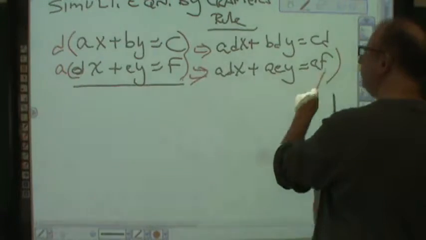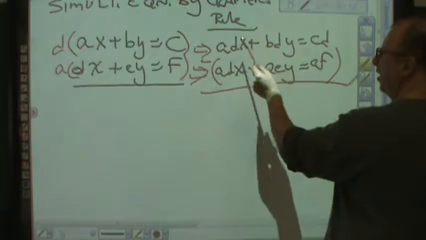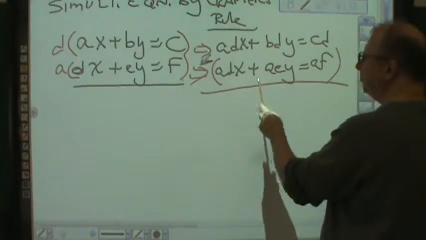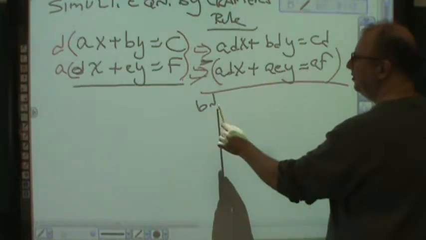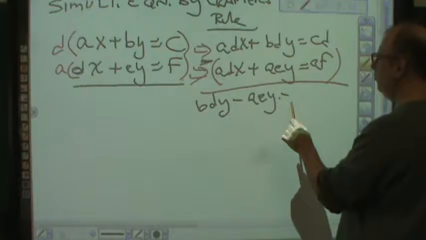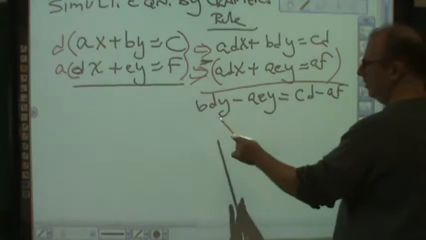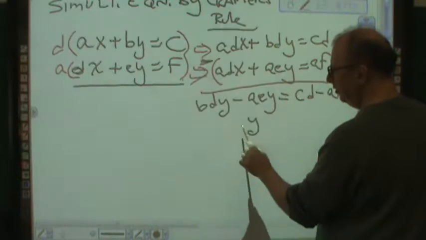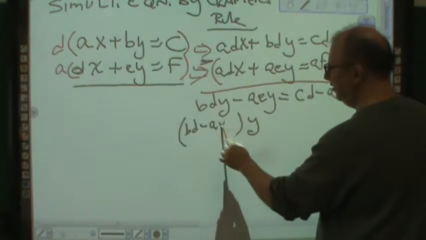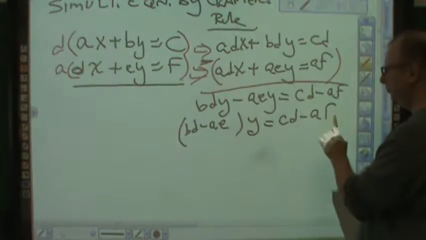Now if I turn it around and I subtract, let's look what I'm left with. adx minus adx is equal to 0. So I'm left with bdy minus aey equals cd minus af. And if I factor out the y, I can say (bd minus ae)y equals cd minus af.